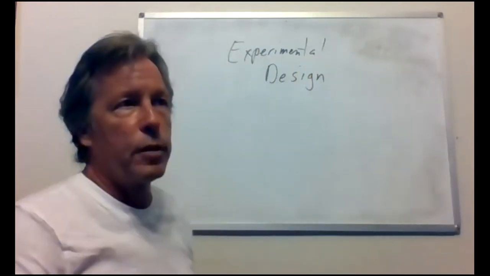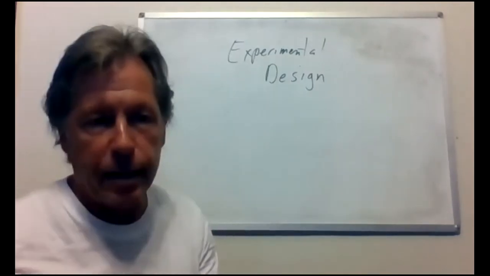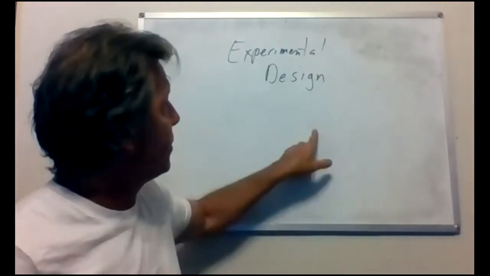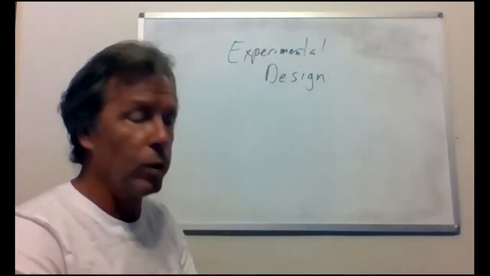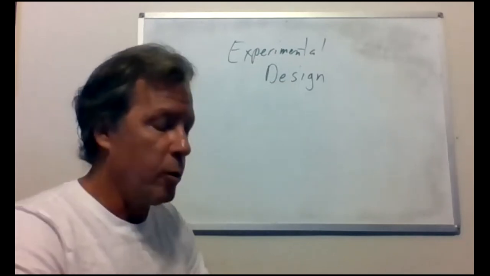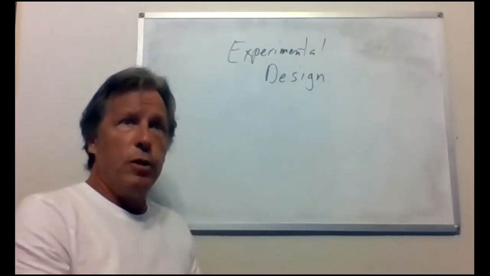Experimental design. So if the experimental model is what you're researching on, are you using a mouse or a pea plant or elephants, whatever, experimental design really explains exactly what you did, what the procedures were. And we can go back to the first chapter, and we covered this in the lab. How do you design an experiment?